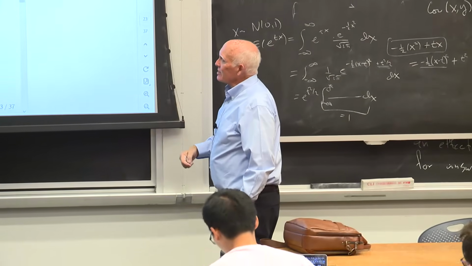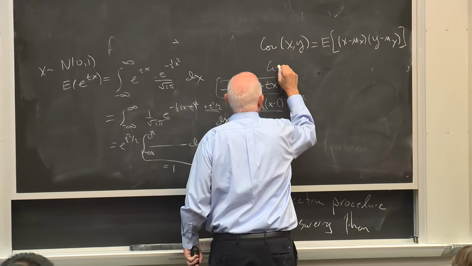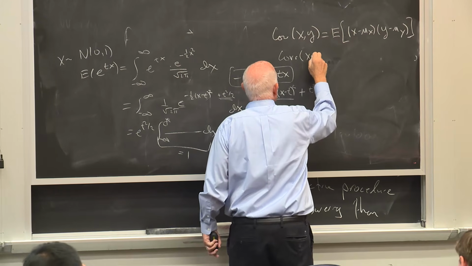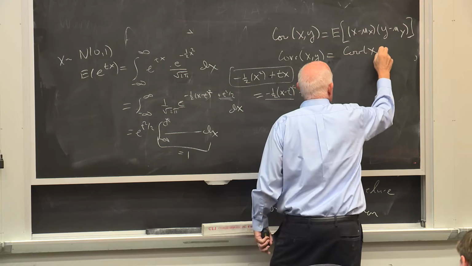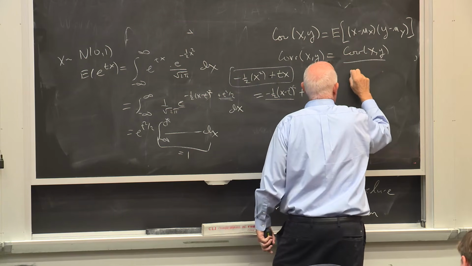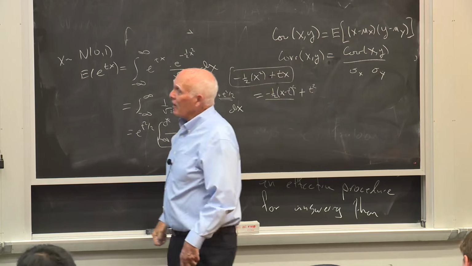And the correlation statistic corresponds to dividing this covariance by the product of sigma x and sigma y, the square root of the variances.